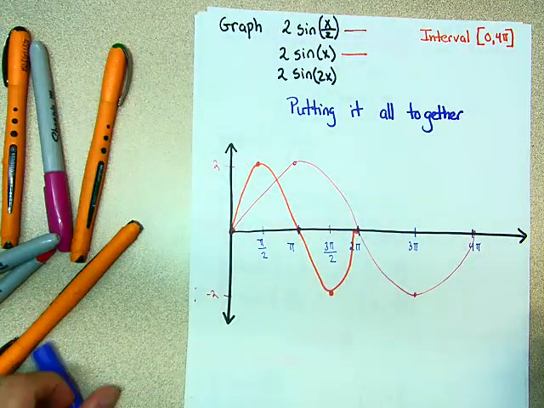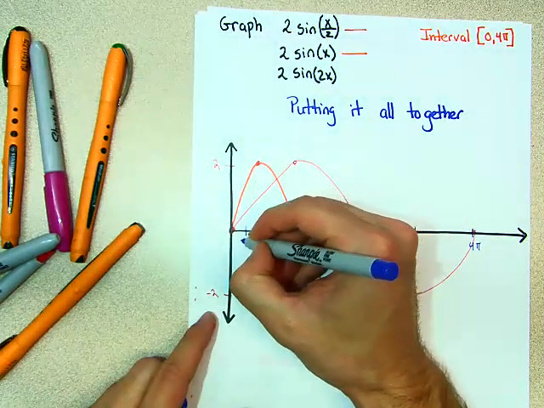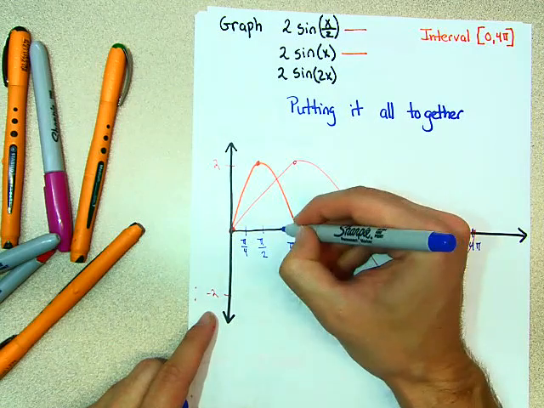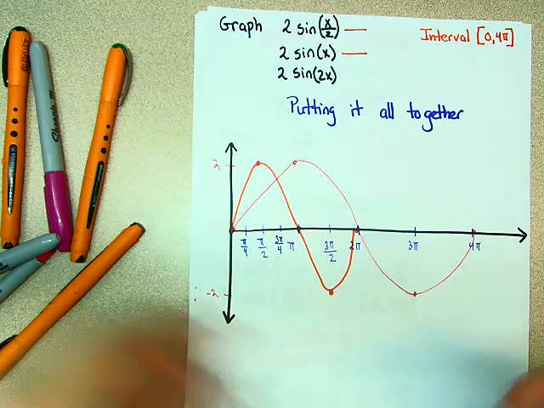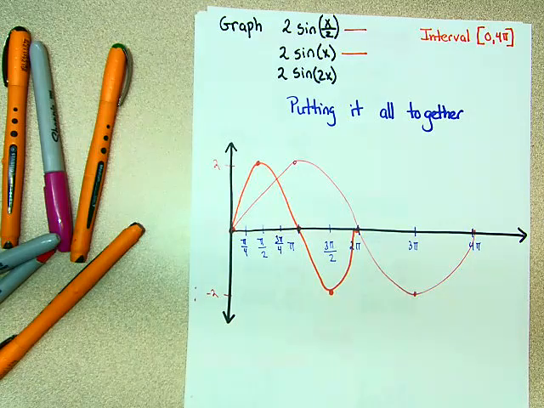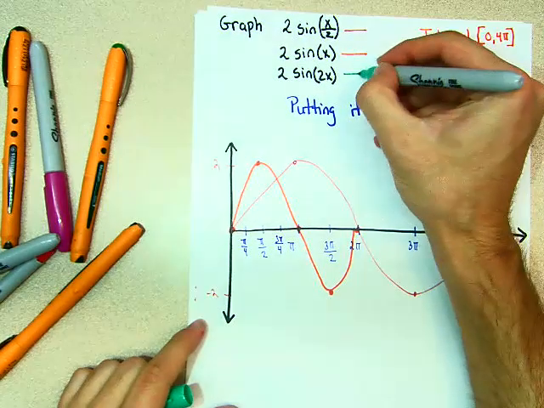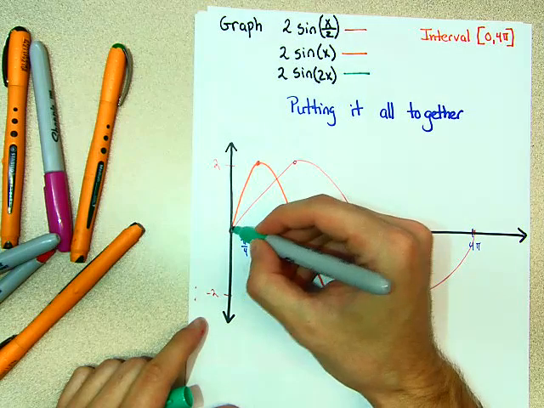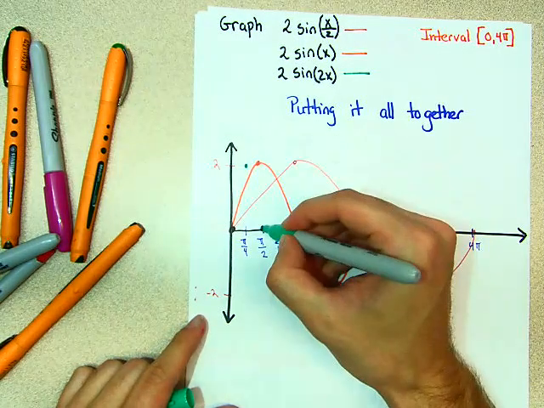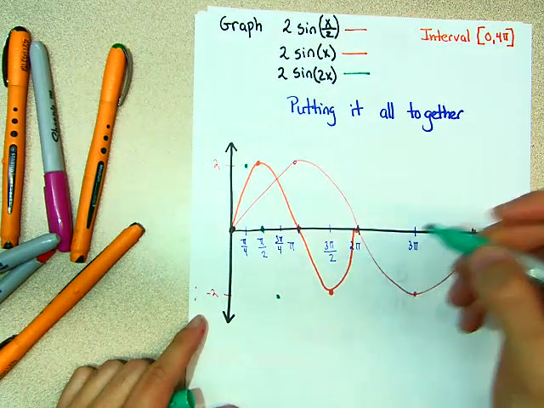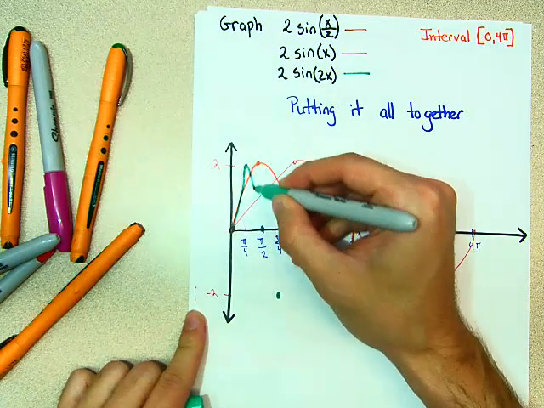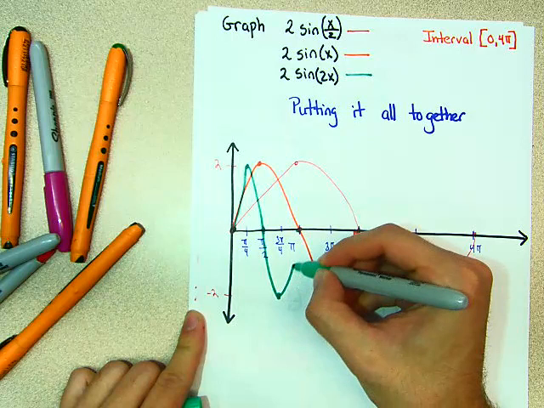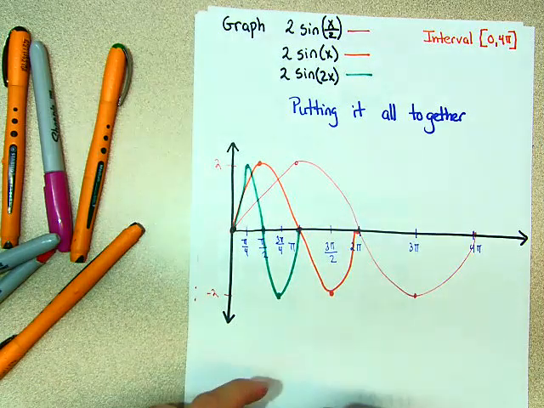So here, this should be pi over 4, and this should be 3 pi over 4. And notice, let's put it in teal or something for this function. And this is middle, up, middle, down, middle. And then boom, this is our graph.